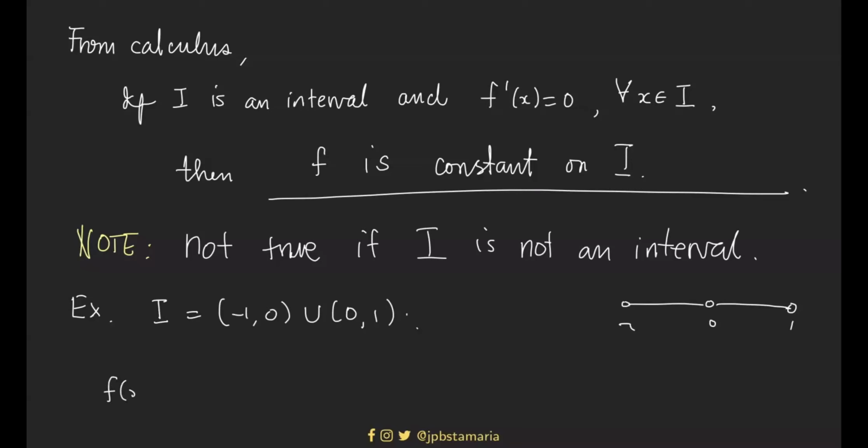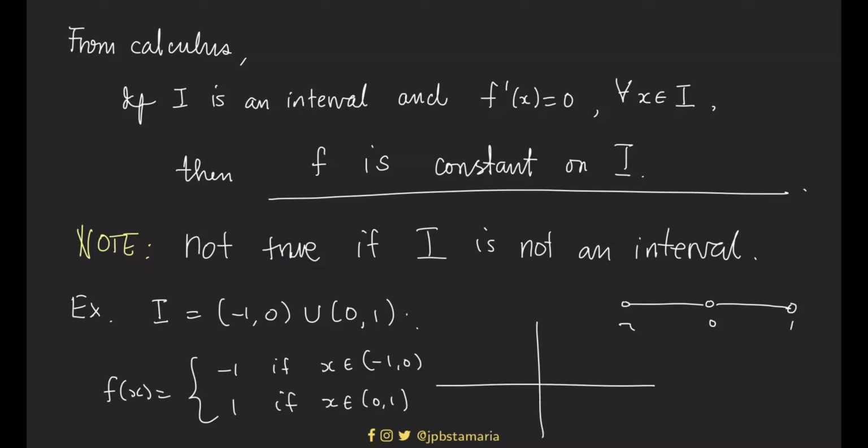Pag dinefine mo yung function like this, kunwari dinefine ko siya as -1 if x is here, and 1 if x is there, ang graph ng function ay ganito. Kung mapapansin nyo, f prime of x is 0 for all x in I, but f is not constant.